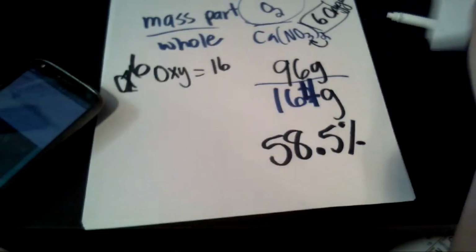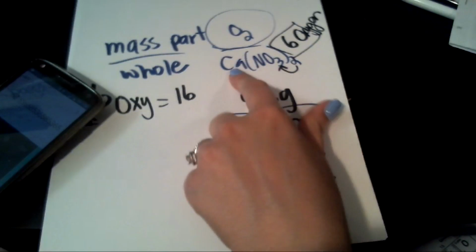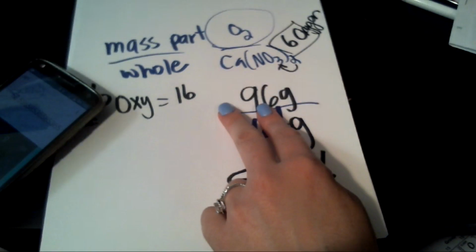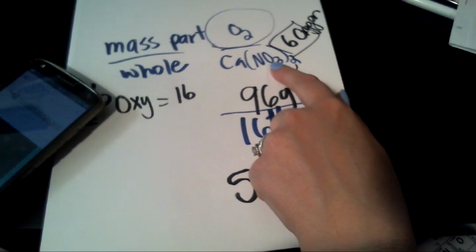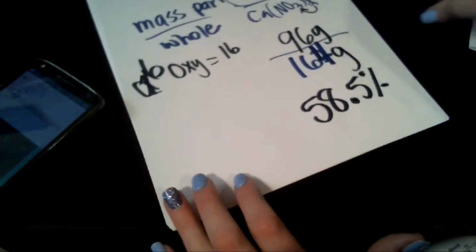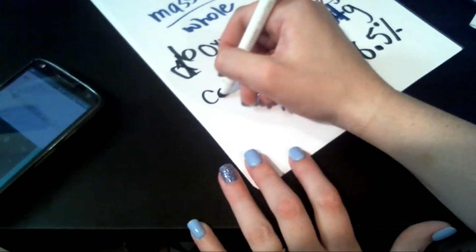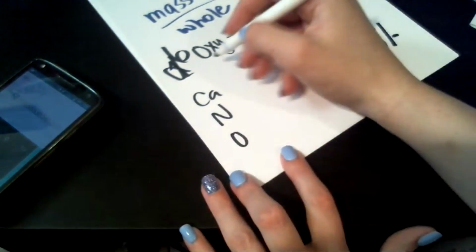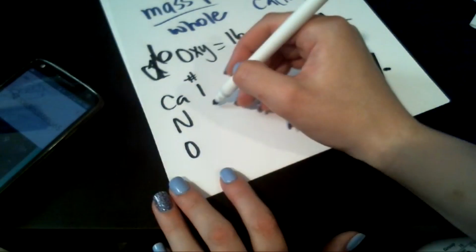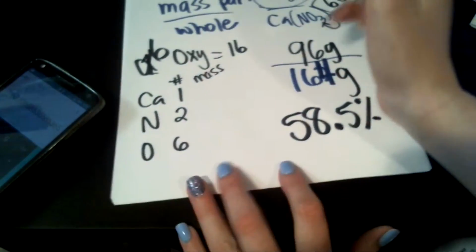Nice job. When we did this in class, I made you figure out this 164 by adding up all the parts. You have 1 calcium, and this 2 distributes to the nitrogen, so you have 2 nitrogens and 6 oxygens. We did it by listing calcium, nitrogen, oxygen and the number of atoms: 1 calcium, 2 nitrogen, 6 oxygens.